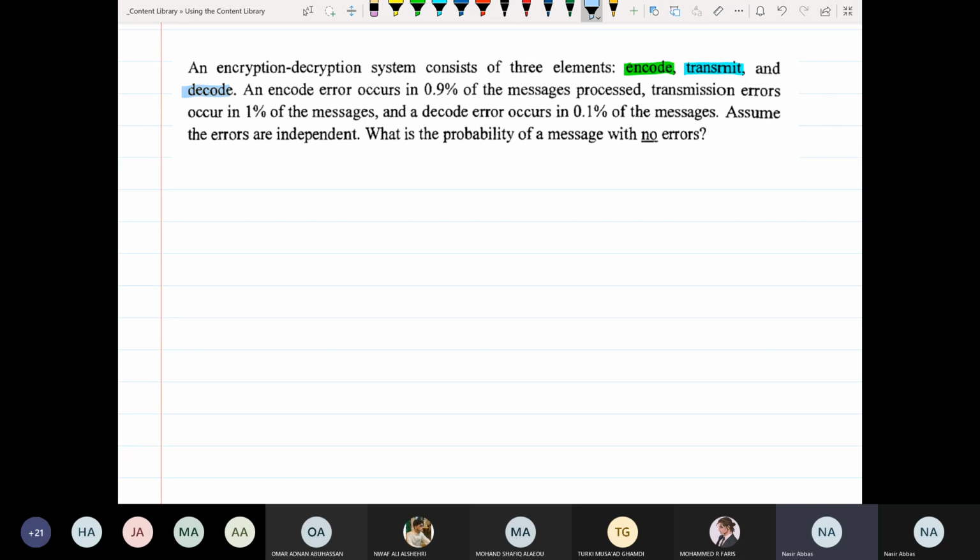So the question says there is an encryption description system that consists of three elements: encode, transmit, and decode. An encode error occurs in 0.9% of the messages. So that's the probability of an encode error.